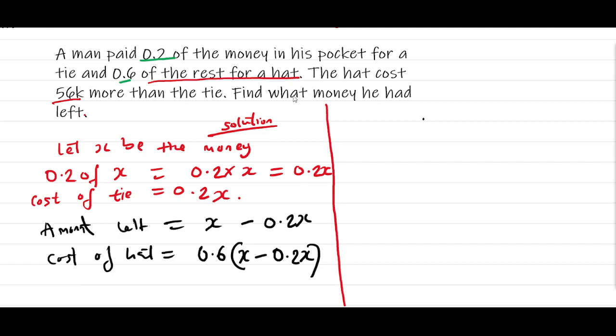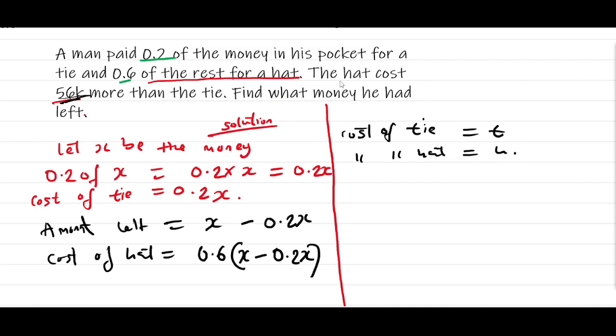Now what we are told here is that the hat costs 56 kobo more than the tie. So let the cost of tie be t, and for the hat we use h.